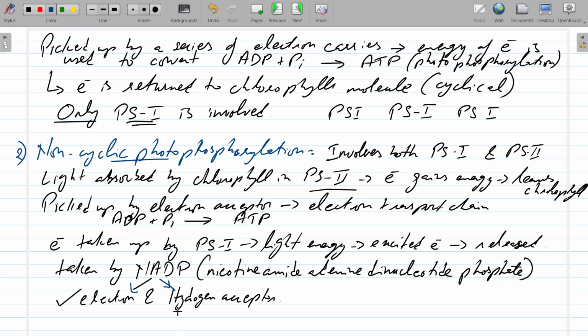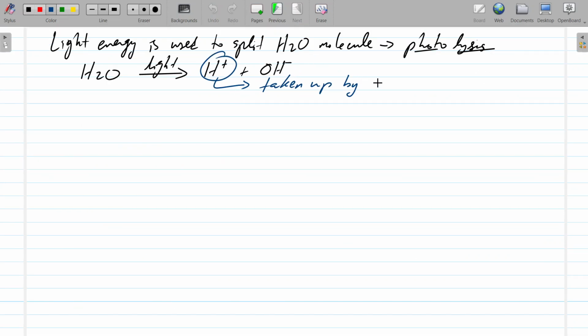Well, the NADP. This guy over here, NADP, nicotinamide adenine dinucleotide phosphate. It got the electron from photosystem 1. It still needs a hydrogen. So it is taken up by NADP to become reduced NADP.